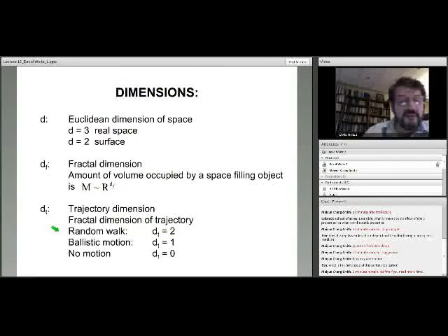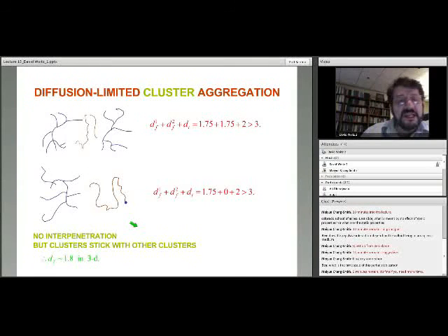And then you can just ask, what's the nature of the cluster? How tenuous is the cluster? In some sense, it depends on the sum of all these dimensions. It depends on the fractal dimension of the 2 objects, that tells you how tenuous they are, and the dimension of the trajectory. So imagine if I have a single particle, that's shown here, for example. If I have a single particle, its fractal dimension is 0.